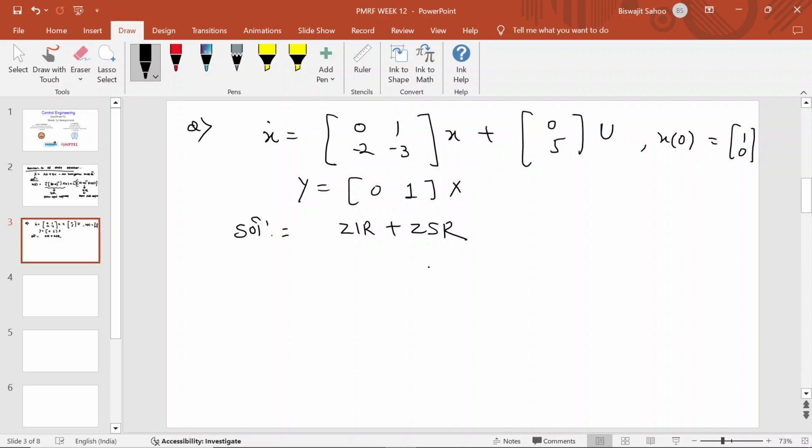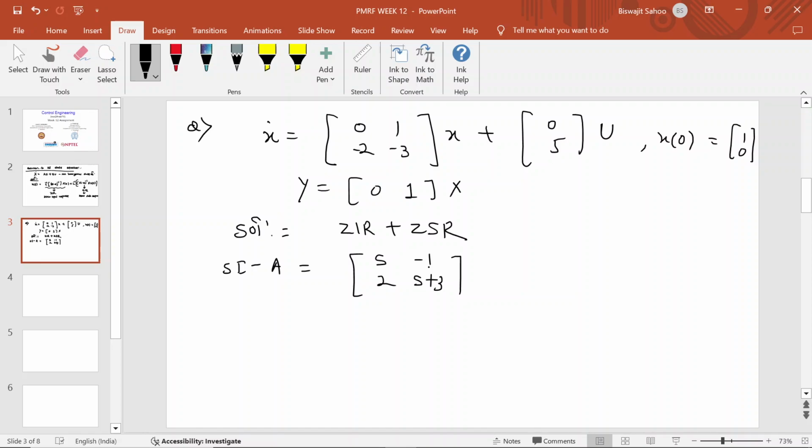So first solve this part. What is sI minus A? Anyone? sI minus A is [s, -1; 2, s+3]. Here I is the identity matrix, multiplied with s, minus the A matrix [0, 1; -2, -3].